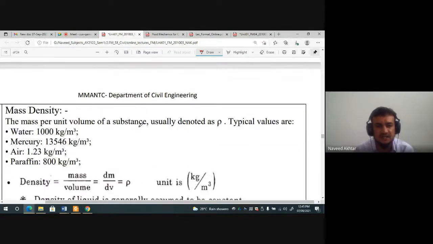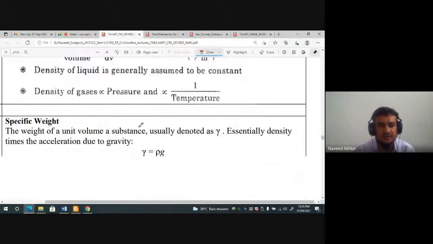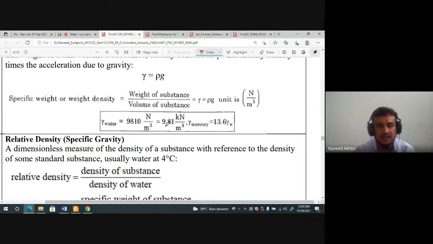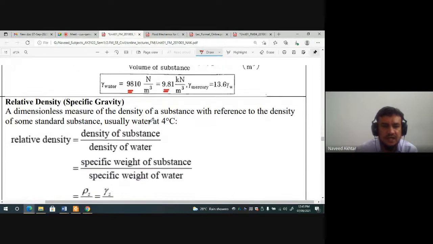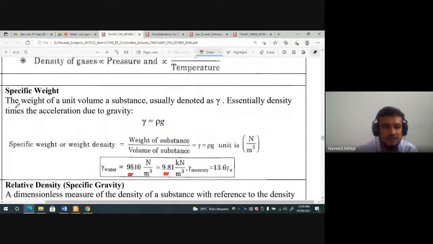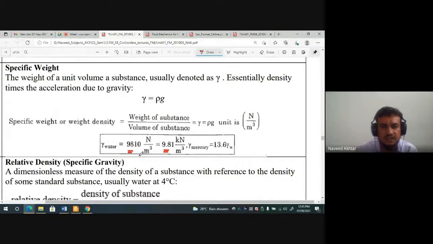Gravitational acceleration we generally take as 9.81 meter per second square, and in Newton, it is 9810 Newton per cubic meter.